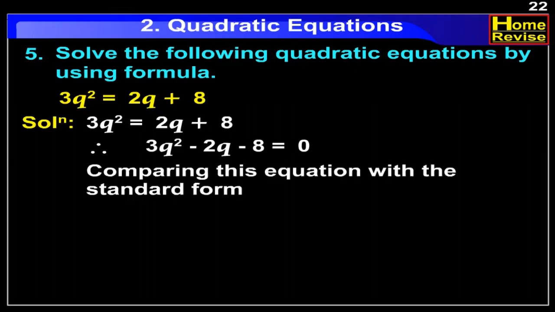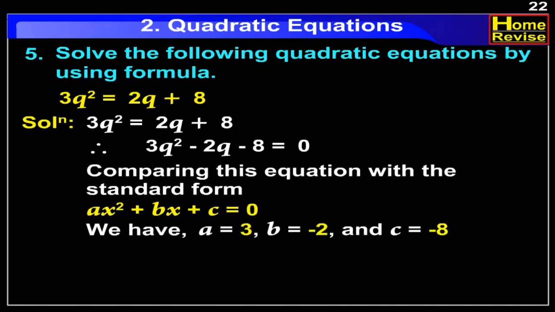Comparing this equation with the standard form ax² + bx + c = 0, we have a = 3, b = -2, and c = -8.